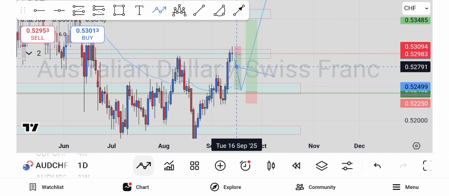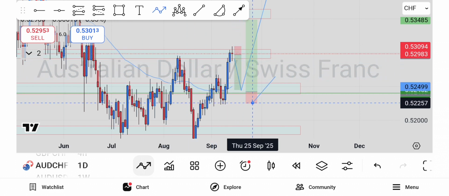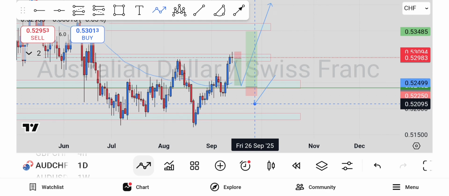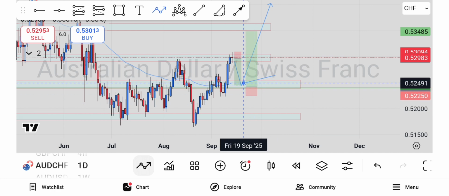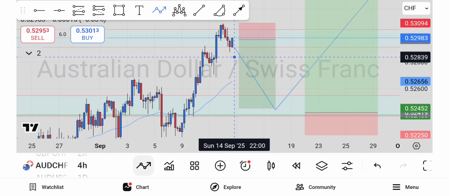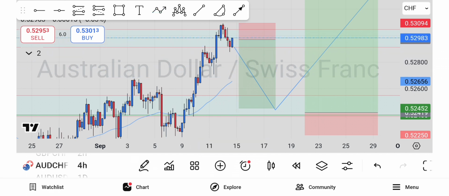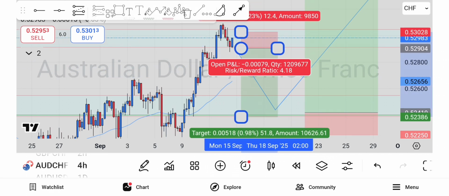So we are expecting a push to the downside, and then the continuation of the buy to the upside, because we have the market on the uptrend and we are trading a counter trend presently. So that is it for AUD CHF. We just wait for a reversal candlestick on the 4 hours, and then we enter somewhere around this point.